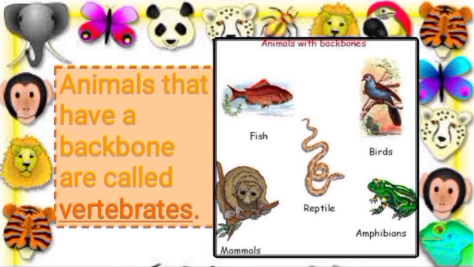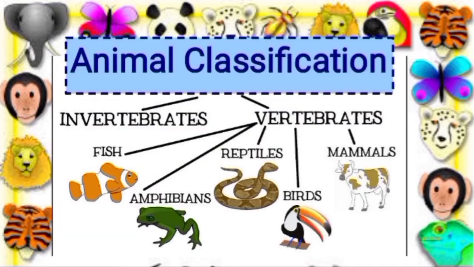So animals that have a backbone are called vertebrates, and they can be further divided into smaller groups like fish, amphibians, reptiles, birds and mammals.